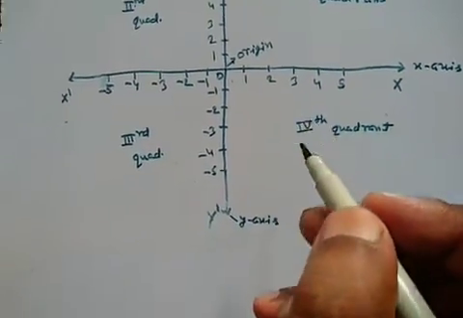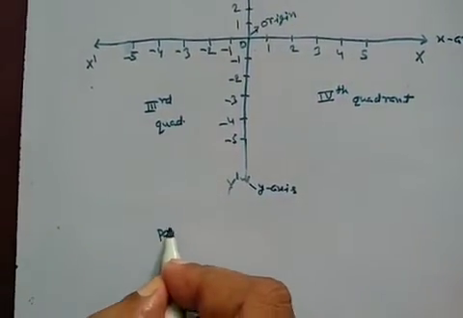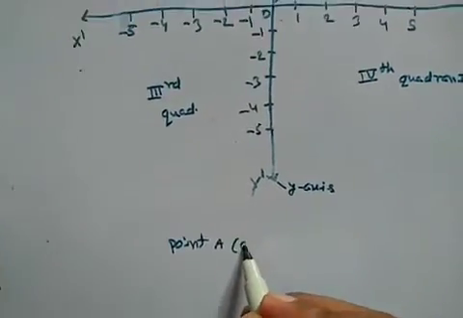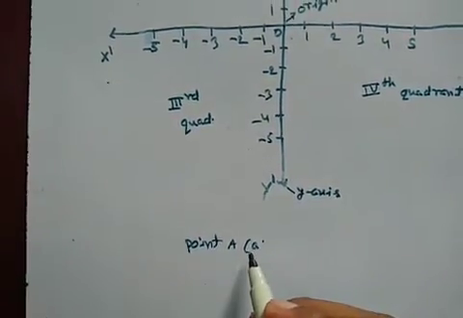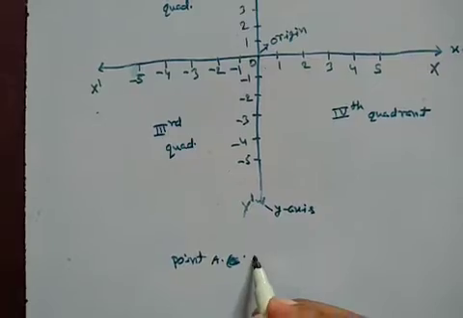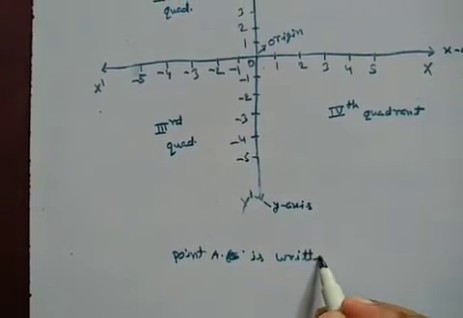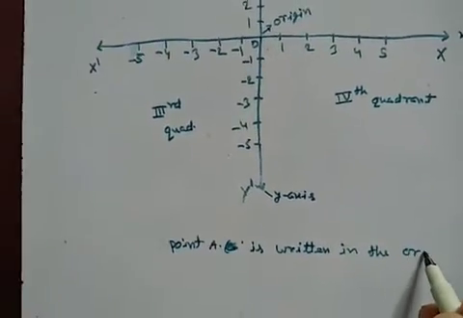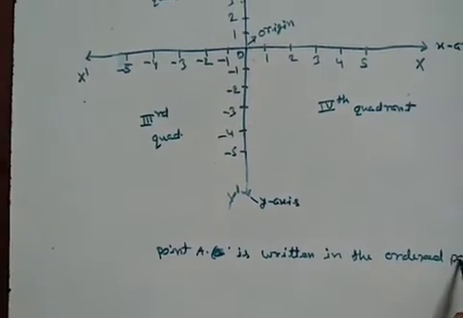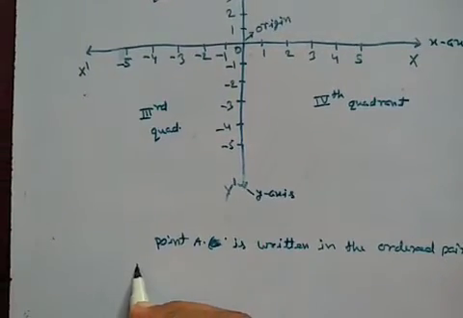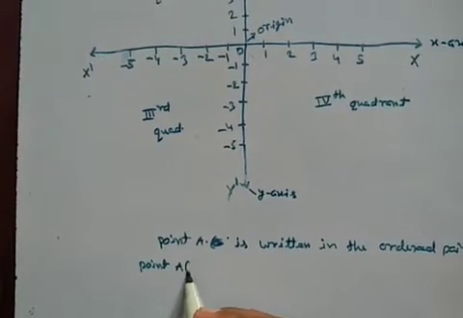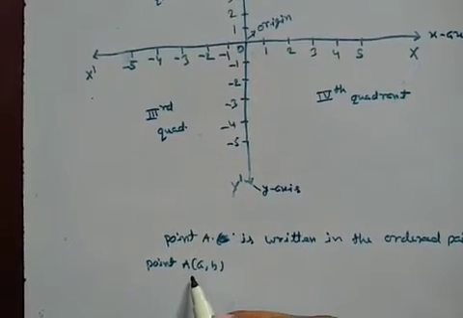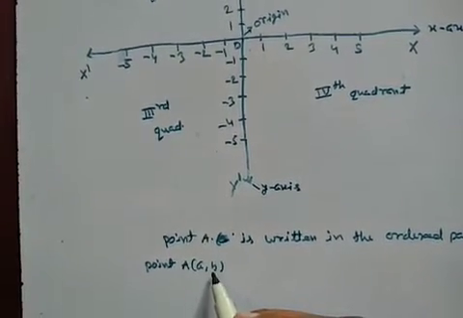For example, a point A is written as the ordered pair (a, b), where a is the x coordinate and b is the y coordinate.